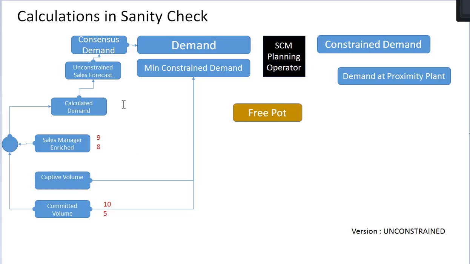The negative report will adjust as much as possible the information to create an alignment between the consensus demand and the committed volume. This again will be fed to the unconstrained sales forecast and to consensus demand.